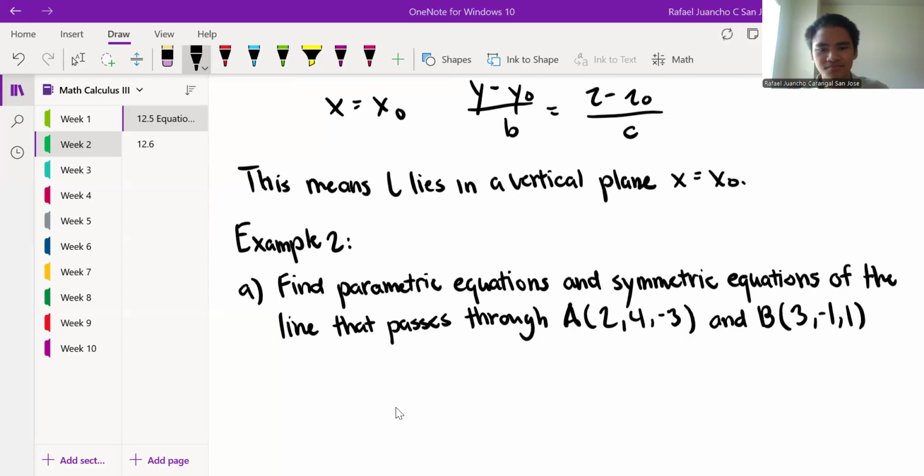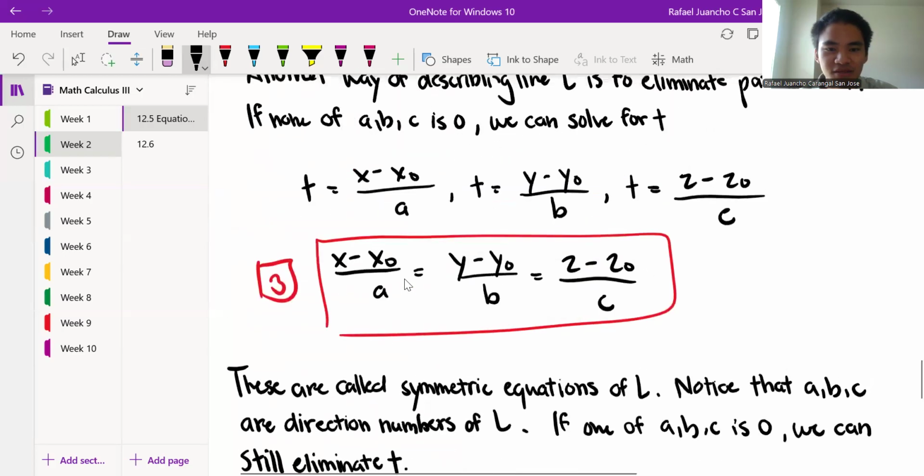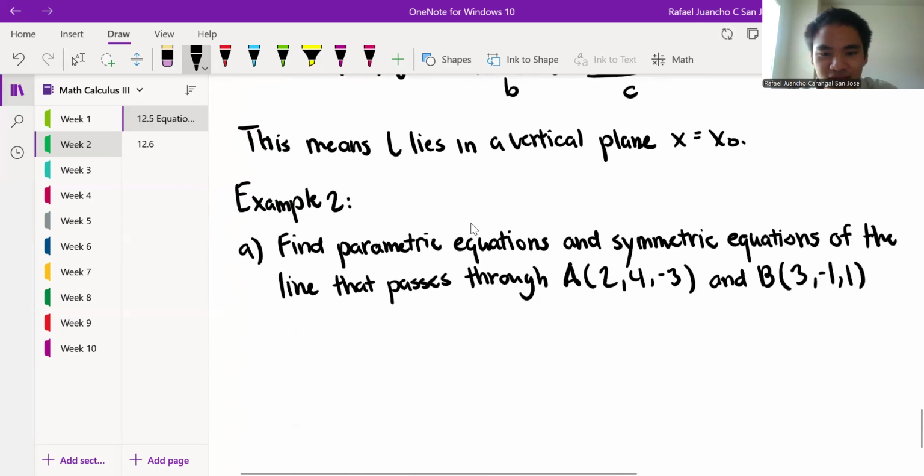Okay. So how do we do this? Well, we can probably just use the formulas, right? I think we can use the formulas.